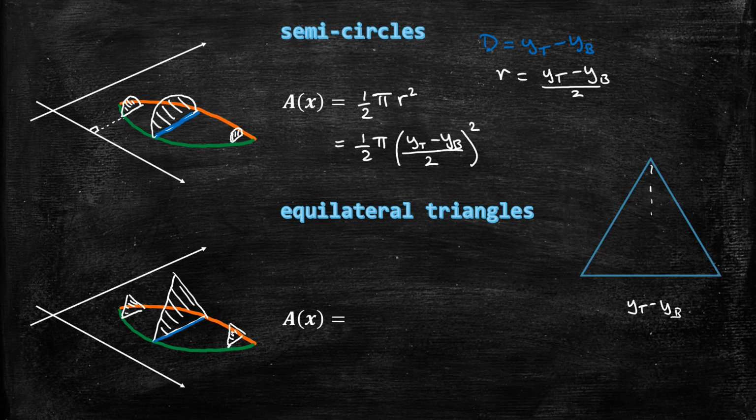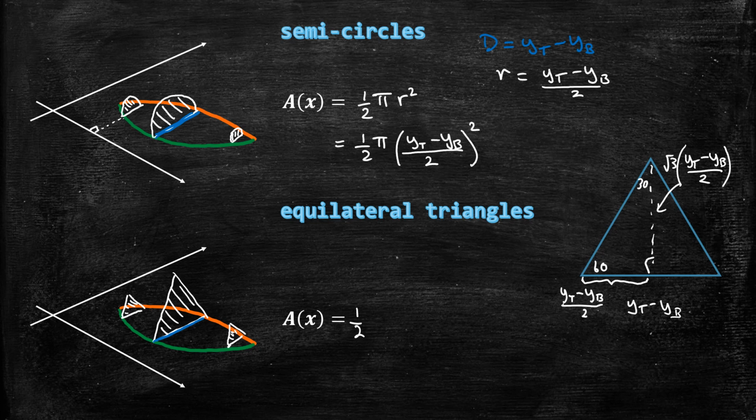And for an equilateral triangle, if we recall 60, 60, 60, we'll make that 60, 30, 90 therefore. So this distance will be 1/2 of yt minus yb. And then if you recall, to get the height you just have to take radical 3 times the short leg, which is yt minus yb over 2. So our area formula becomes 1/2 the base.